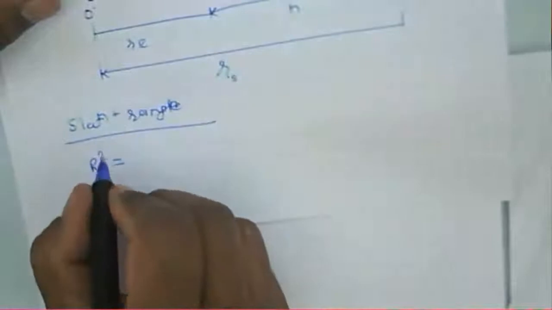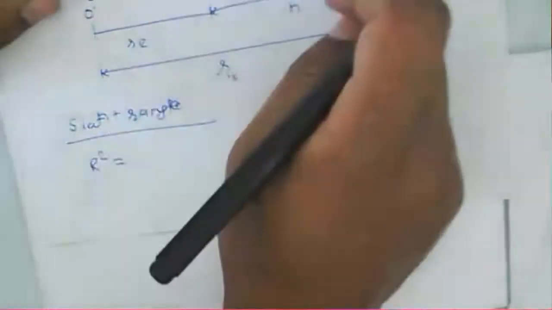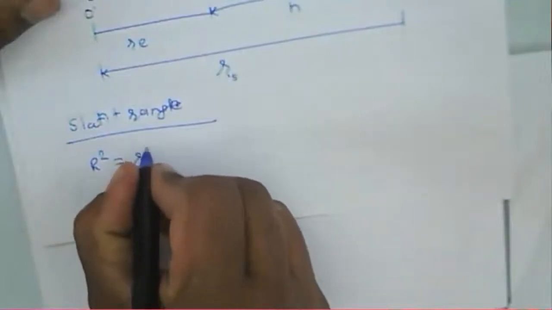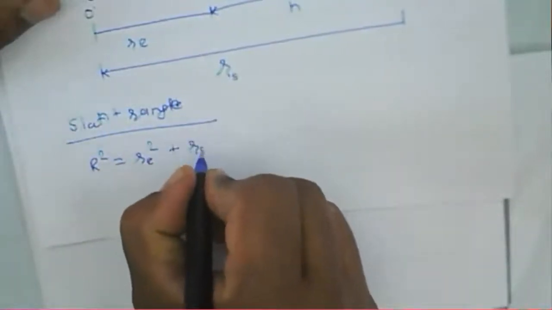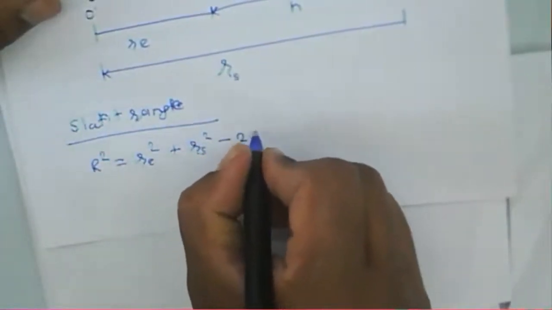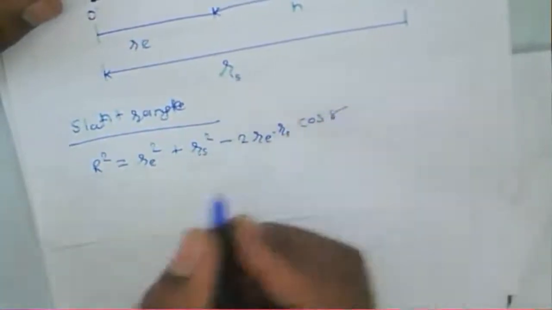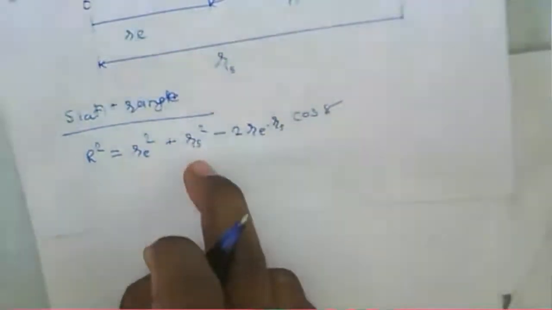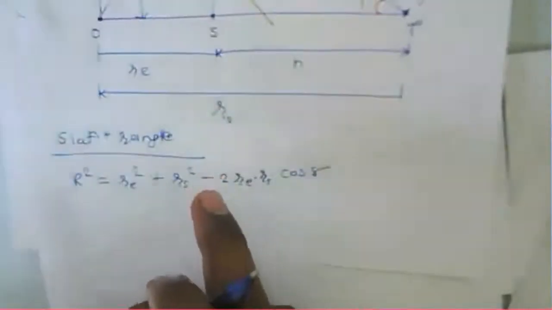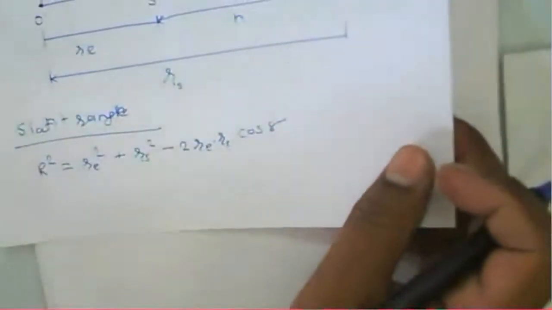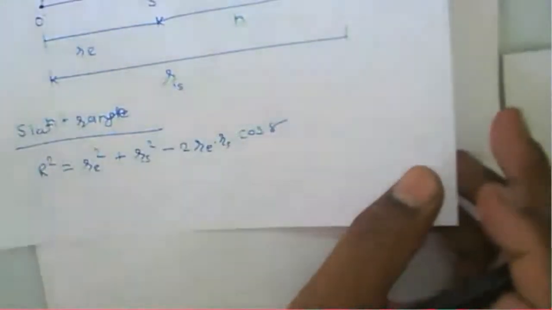In that case, R squared is equal to RE squared plus RS squared minus twice RE RS cos of gamma. And RS is the length of the satellite from the center, or you can say the radius of the geostationary satellite orbit here.